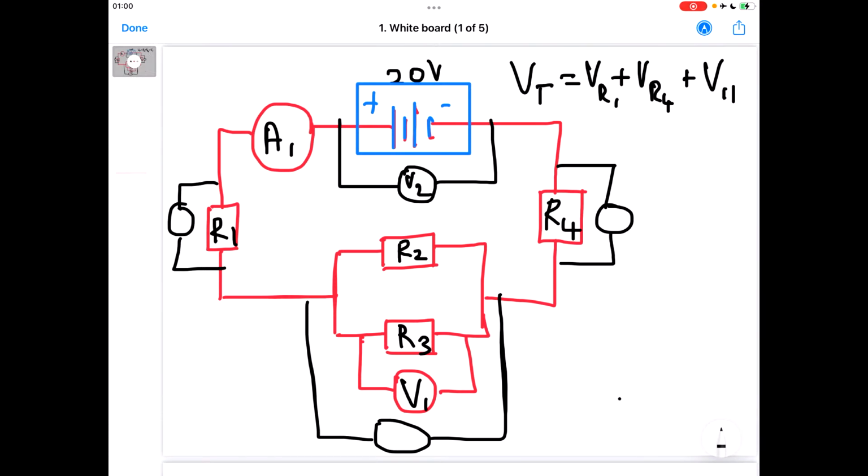And now this is where we say V3, the V of the parallel, is the same as the V of R1, and also the same as the V of R2. Because in this case, can you see, it is that V3 connected on that parallel connection, and within that parallel connection we don't have a series connection.